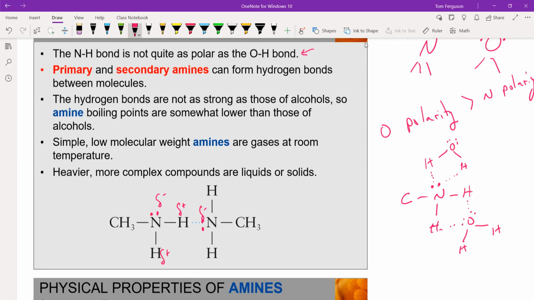That's what's attracted to this partially negative nitrogen lone pair.